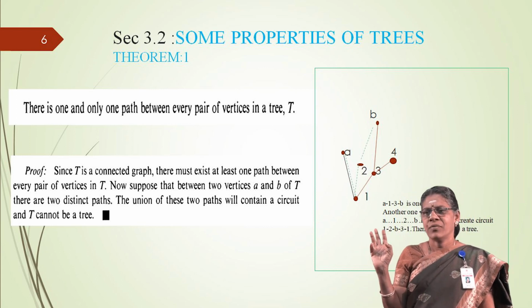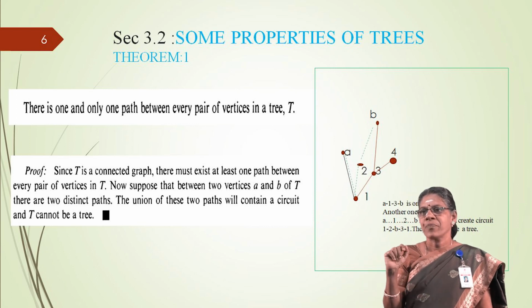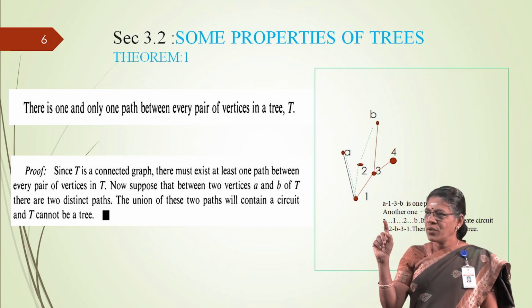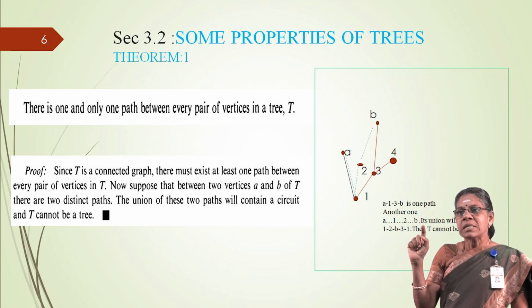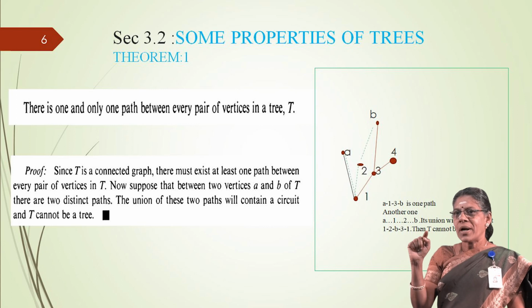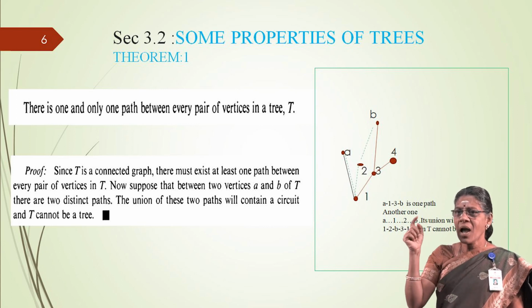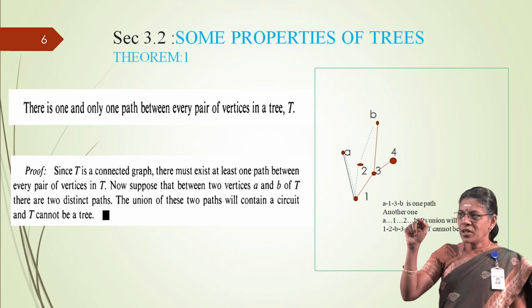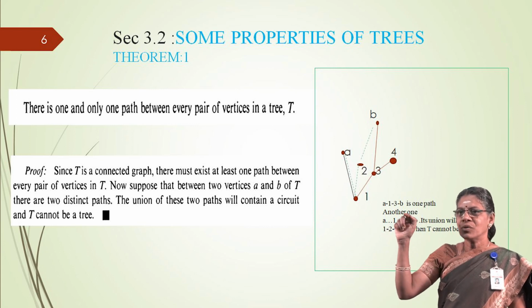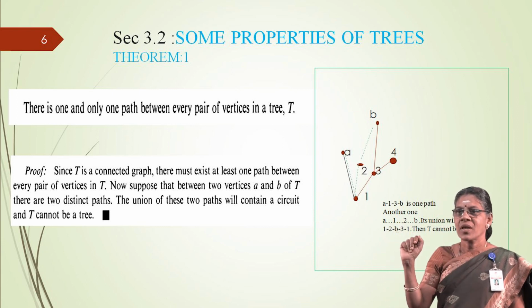See the figure. We have the vertices A, B and 1, 2, 3, 4. There is a path between A and B: A to 1, 1 to 2, 2 to B. And another path: A to 1, 1 to 3, 3 to B. So, two paths here.